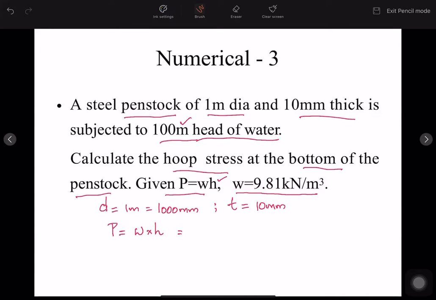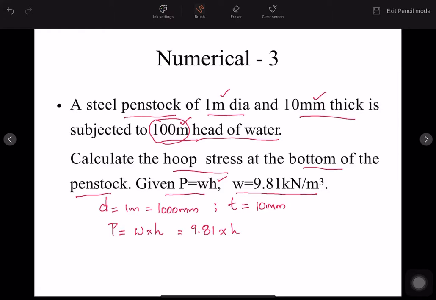So if we see this, w is 9.81 times of h. So here we need to look at the units carefully, because diameter is in 1 meter, in meters I mean, and thickness is in mm, and head of water is in 100 meter.